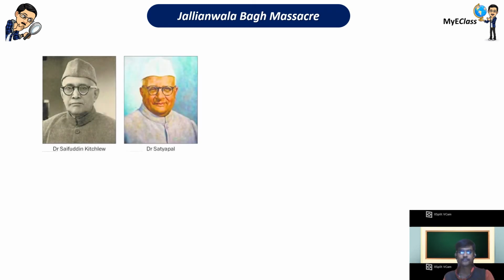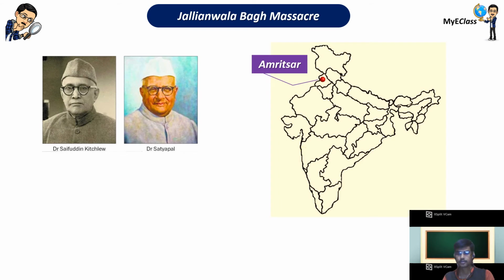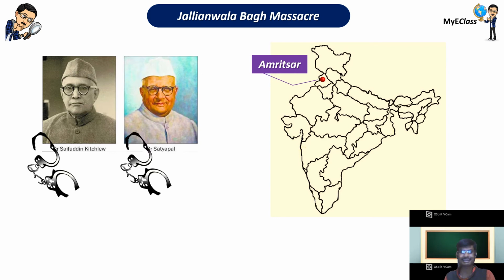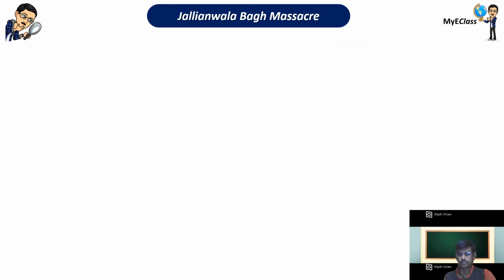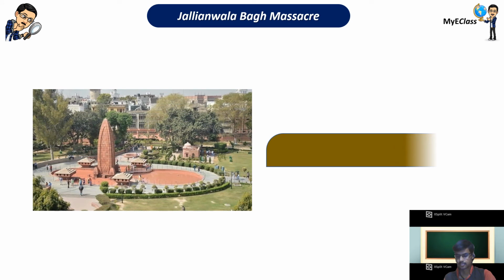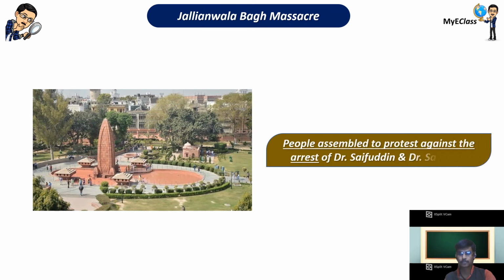Dr. Saifuddin and Dr. Satyappa led the protests against the British and against the Rowlat Act in Punjab province, and their arrest by the British led to a situation of unrest at Amritsar. This is why the people gathered at Jallianwala Bagh Park and protested against the arrest of Dr. Saifuddin and Dr. Satyappa.